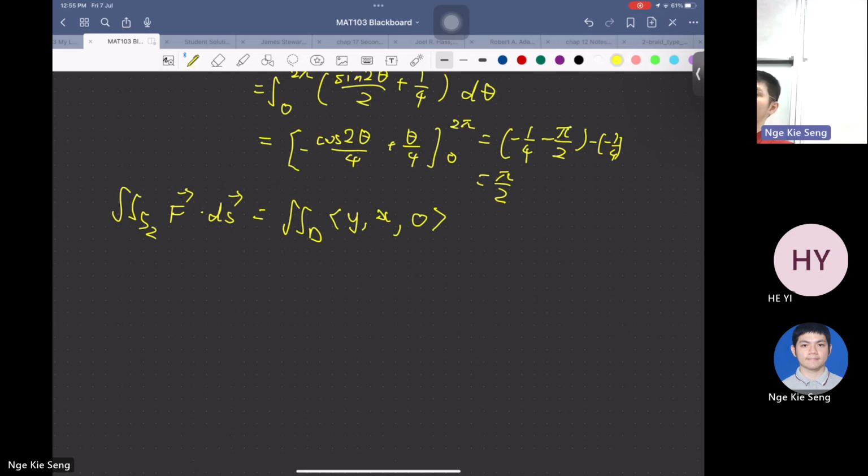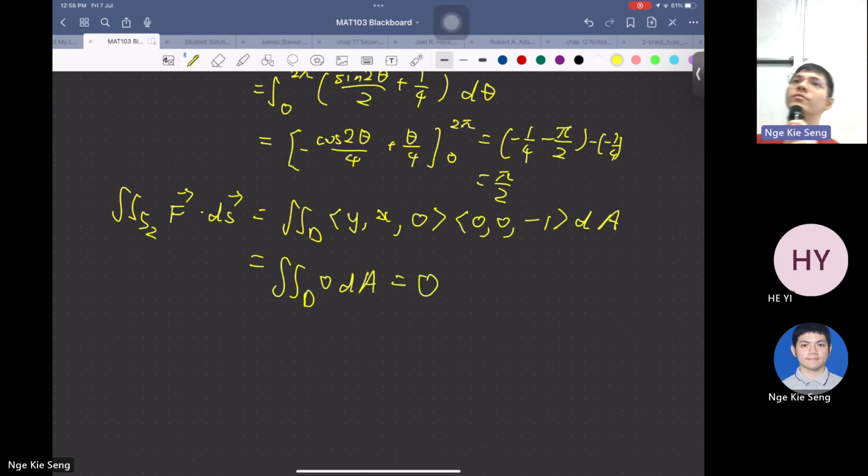The normal vector, as we decided, is the downward vector (0, 0, -1). So the dot product of these two is 0. No need to integrate, since we integrate the zero function. So altogether the contribution is π/2 plus 0, which is π/2.